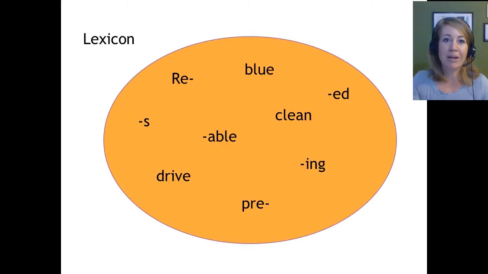The main point I want to illustrate as I wrap up this little lecture here is that in your head, your mental dictionary, we've used the word lexicon quite a bit, in your mental dictionary, you know all this stuff. You are successfully able to navigate between all the nouns, verbs, adjectives, and adverbs that you have in your head with all these morphemes, all these suffixes and infixes that you have in your head.